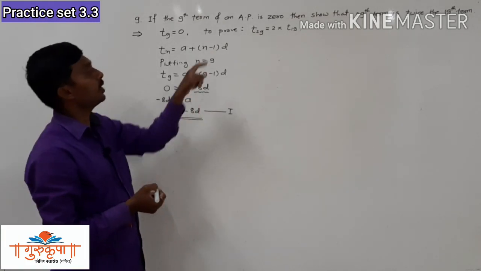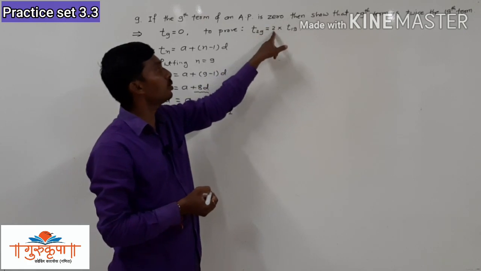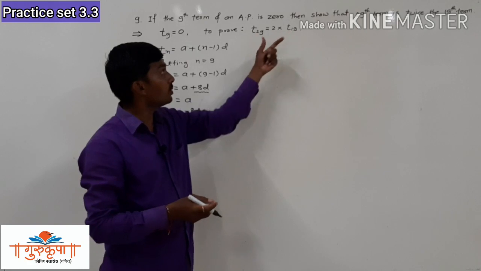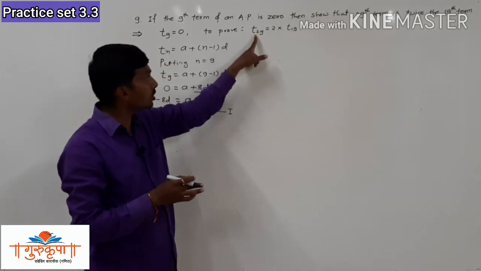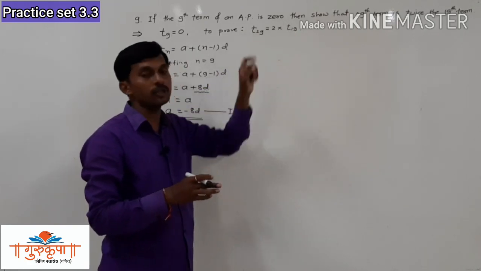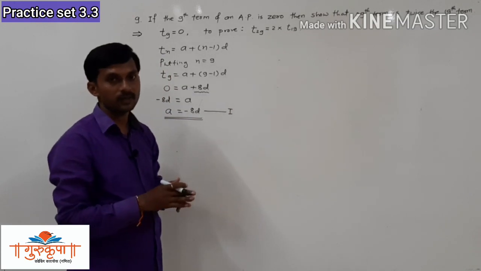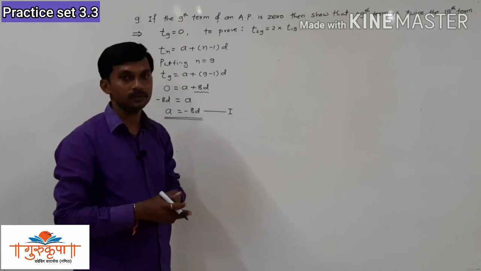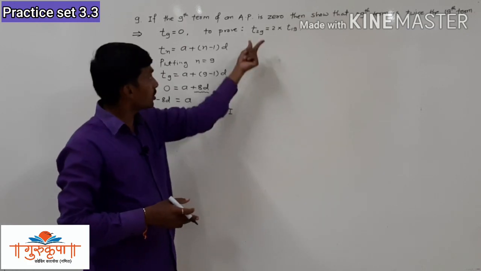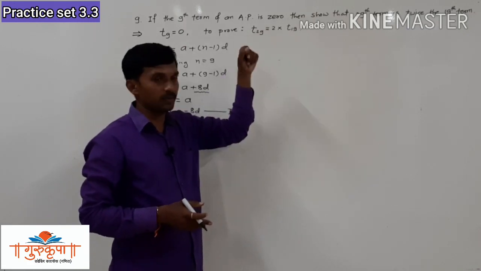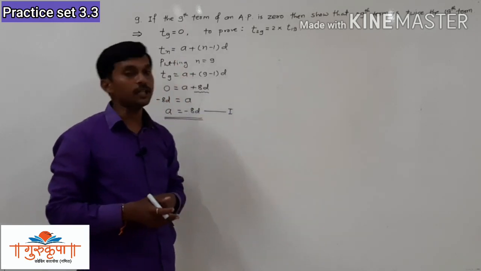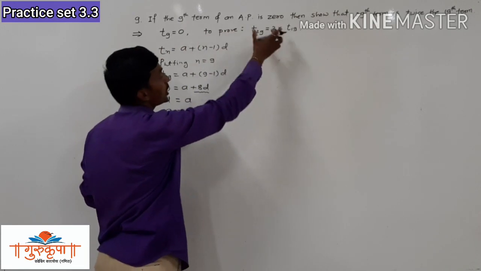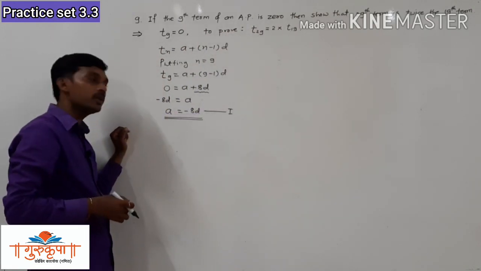And now we have to prove that T29 is equal to 2 into T19. So before proving this, we will first find the 29th term and the 19th term separately, and then we will prove that T29 is equal to 2 into T19.